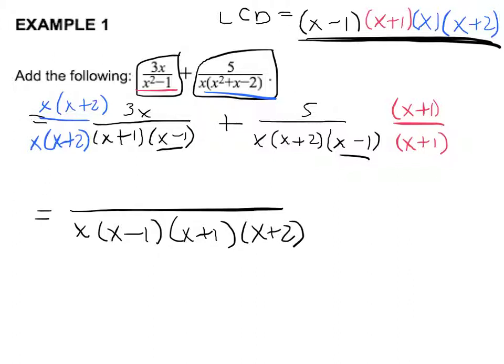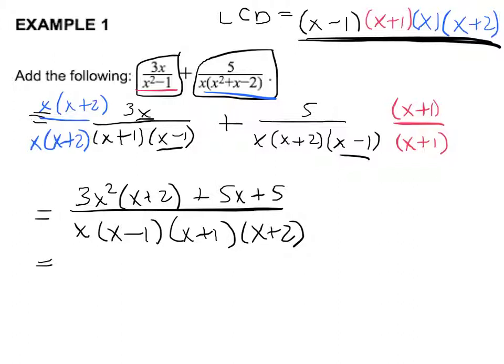As for our numerators, we're going to be adding, so we're going to multiply the first factors together, so this x and this x can become 3x squared times x plus 2 plus 5 times x plus 1, which is 5x plus 5. And remember, we're multiplying all of these things out, we're distributing and foiling, because we want to see if our final polynomial on top can be factored at all.